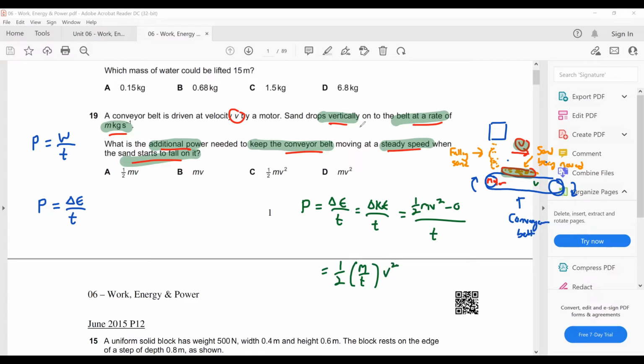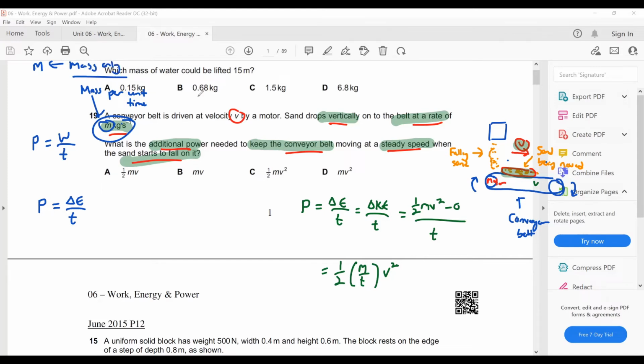So after that, there's another little annoying thing about your current question. The m here that you see is already mass per unit time. Strictly speaking, in other questions, when you see m, you would have related to mass only.